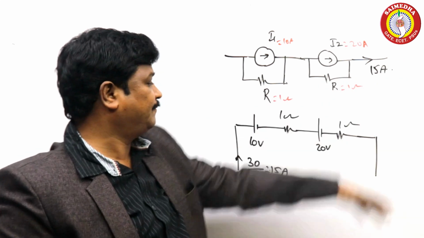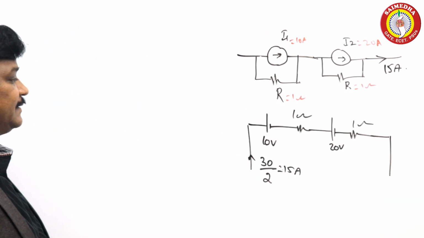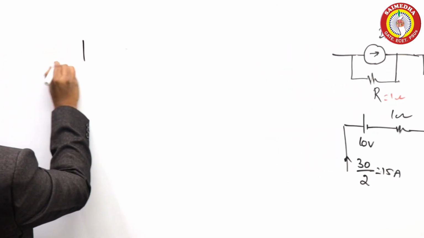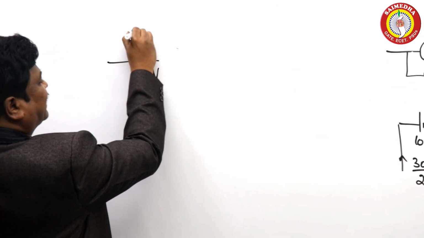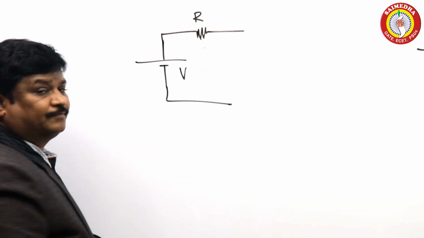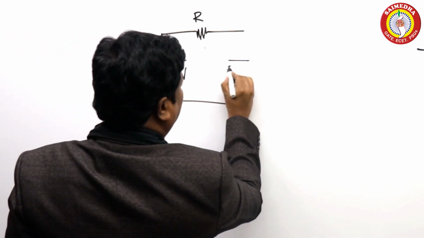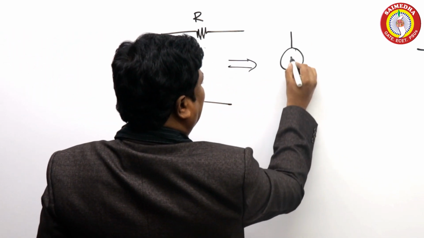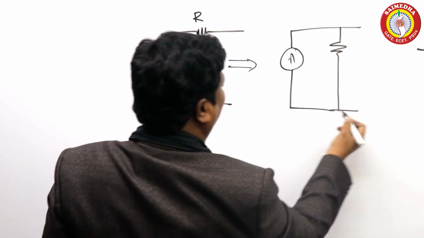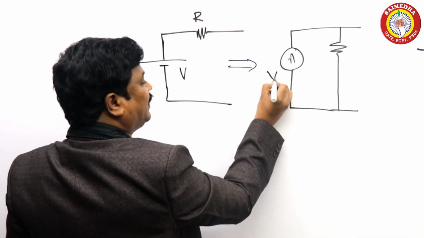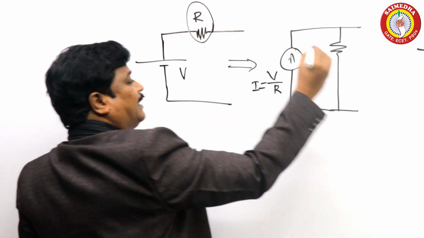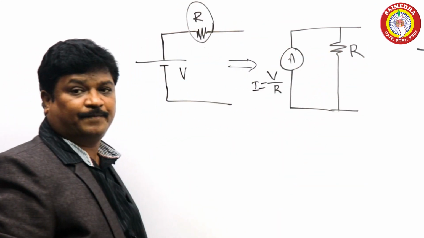Normally, what happens here is, when you have a practical voltage source, a voltage in series with a resistance of R, how can you convert this into a current source? It is converted into a current source, a current in parallel with a resistance. How can you get the current? V by R is equal to the current I. Whatever the resistance value is, the same value of resistance is placed here.